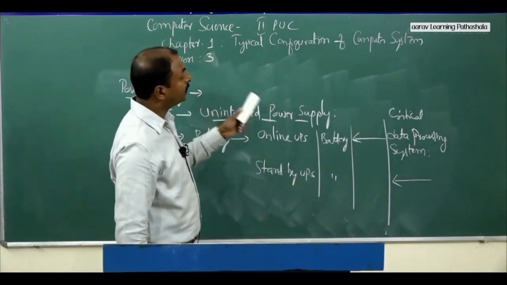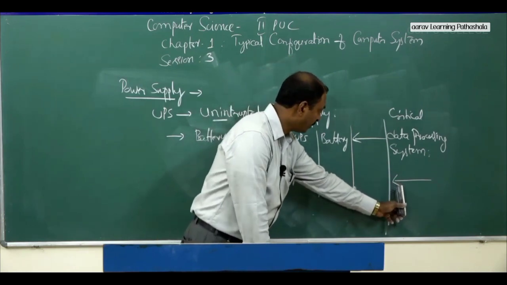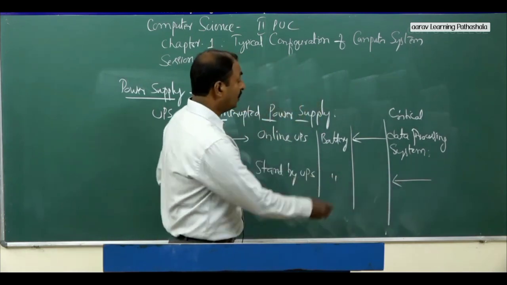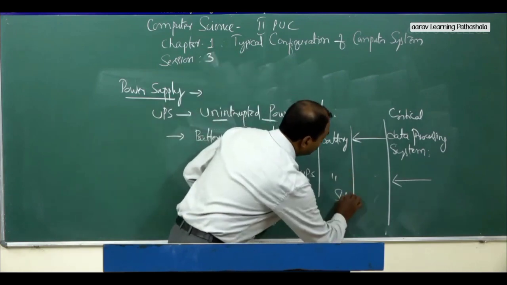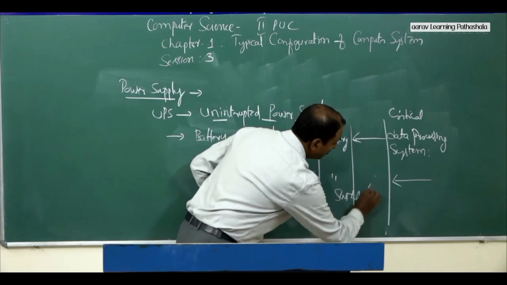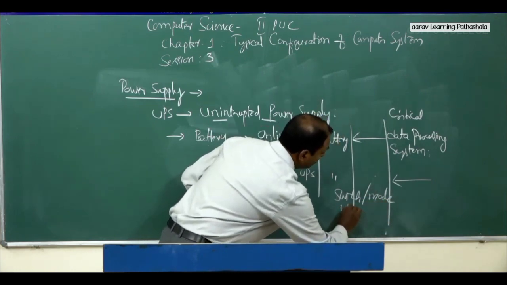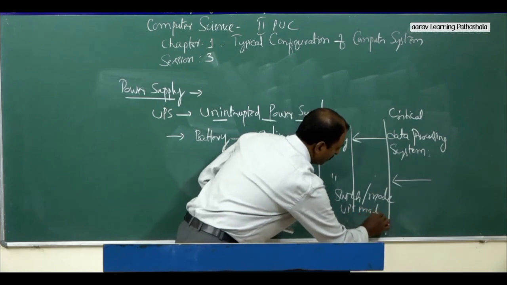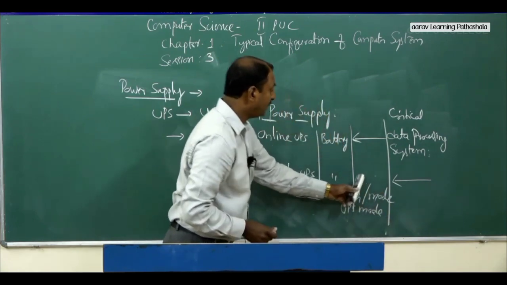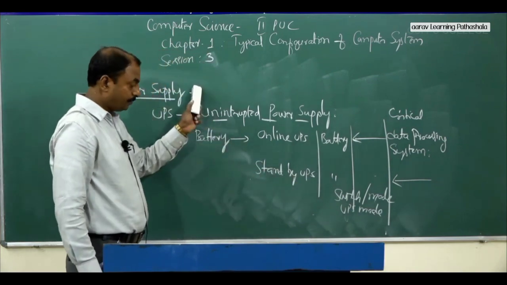But in case of a sudden power failure of electricity, the UPS is going to switch the mode, go to UPS mode, and then start providing supply to your computer system.